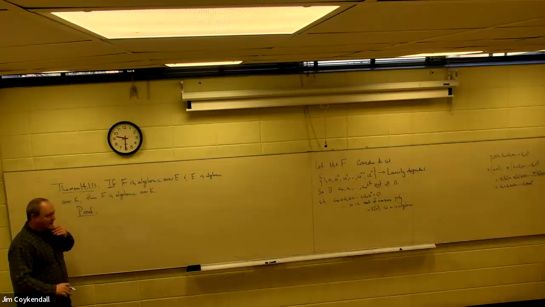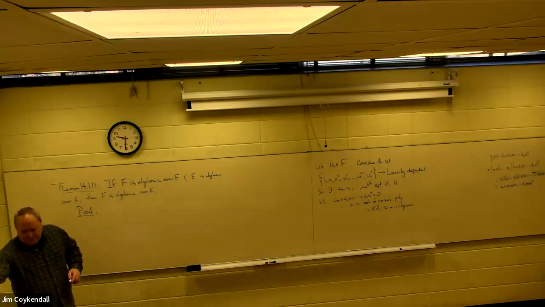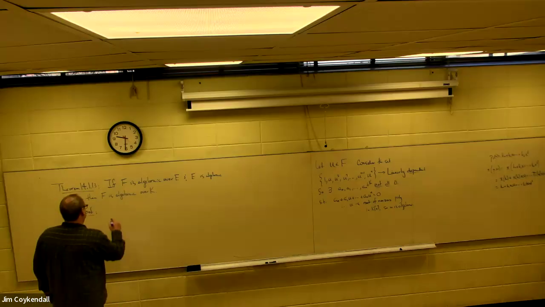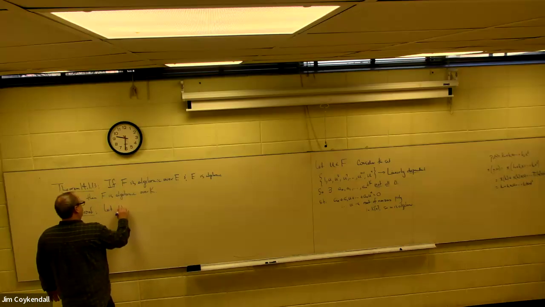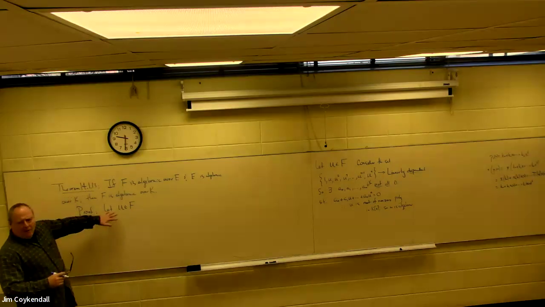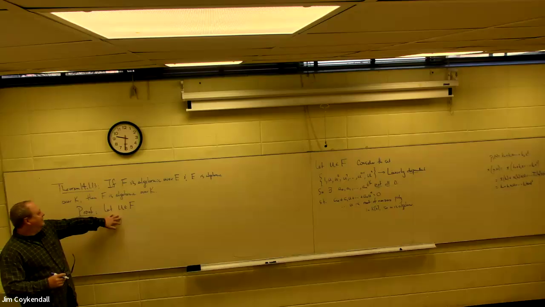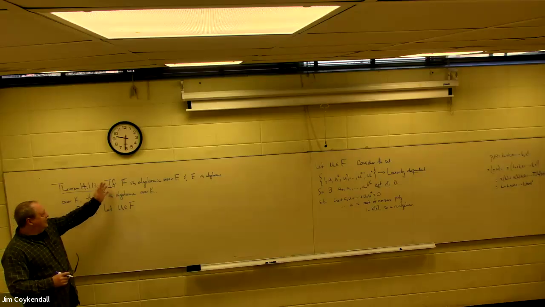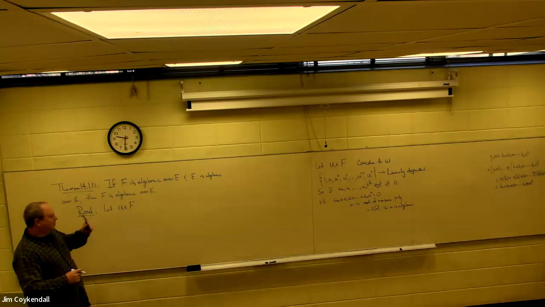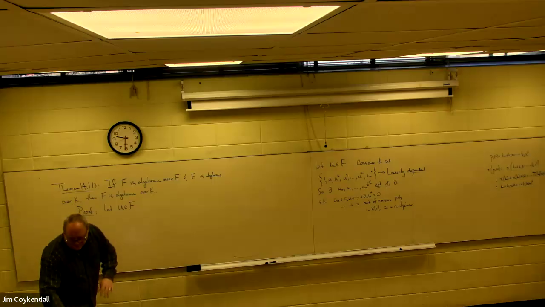So how are we going to do this? Well, let u be in the big field. Somehow I've got to use the fact that u is algebraic over E, and E in turn is algebraic over K, to show F is algebraic over K. I like this proof. It's very elegant. So let's start off.